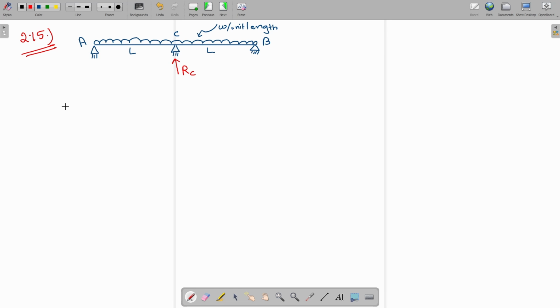Now we are going to apply the superposition theorem, or method of superposition.